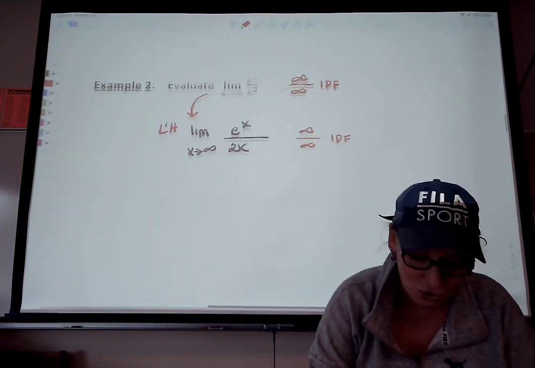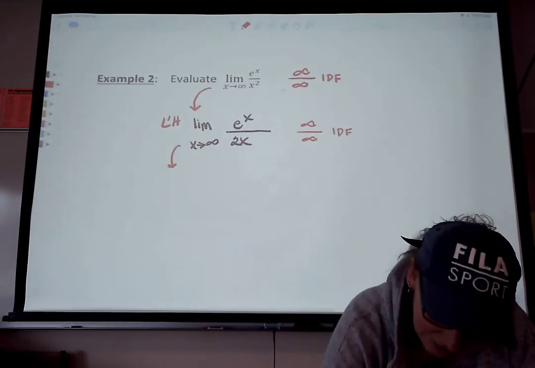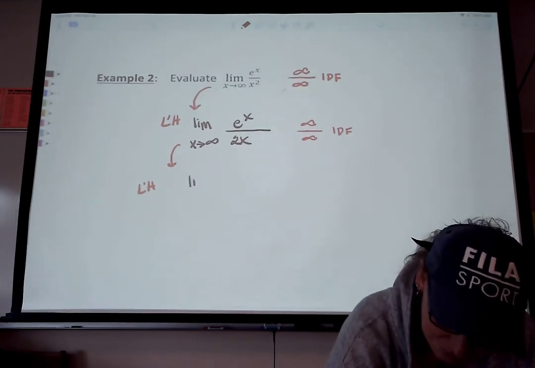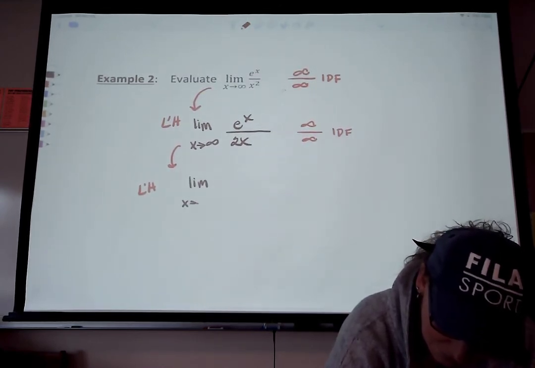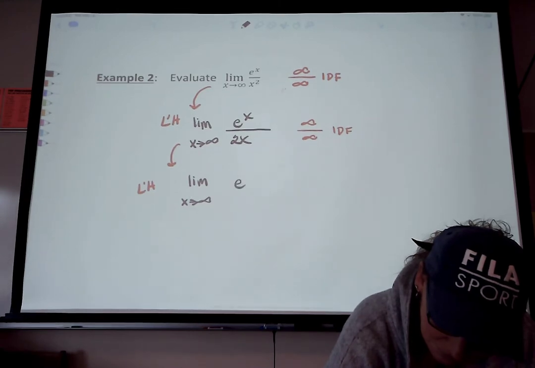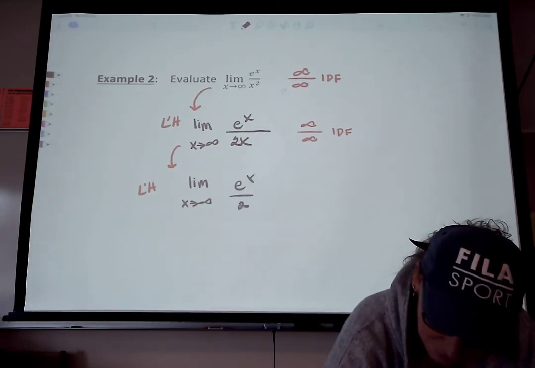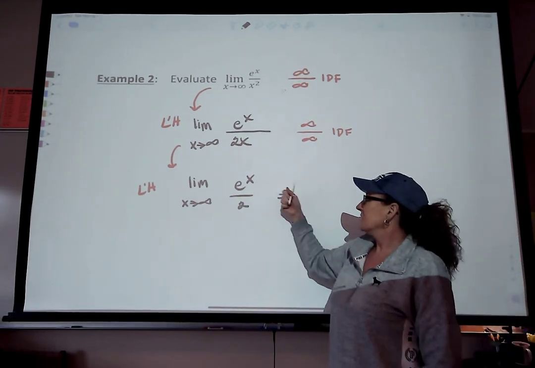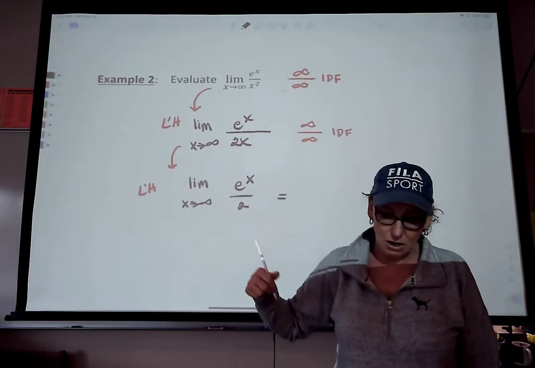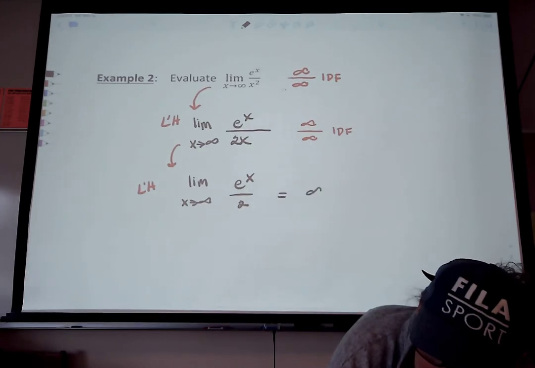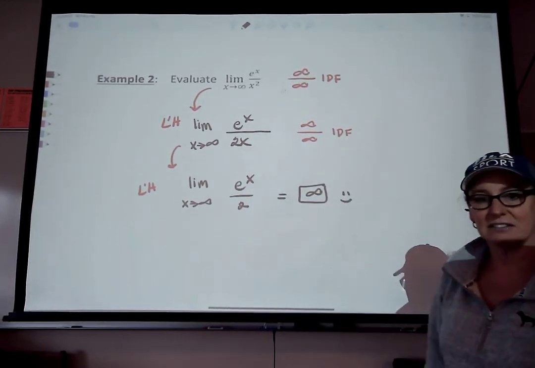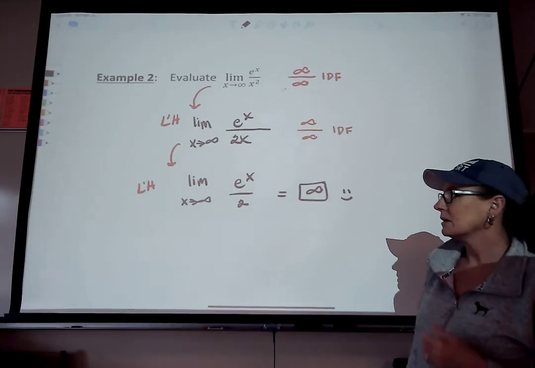So let's try his rule again. E to the infinity is an infinity over 2, which is still just infinity. And that is an acceptable answer for a limit.